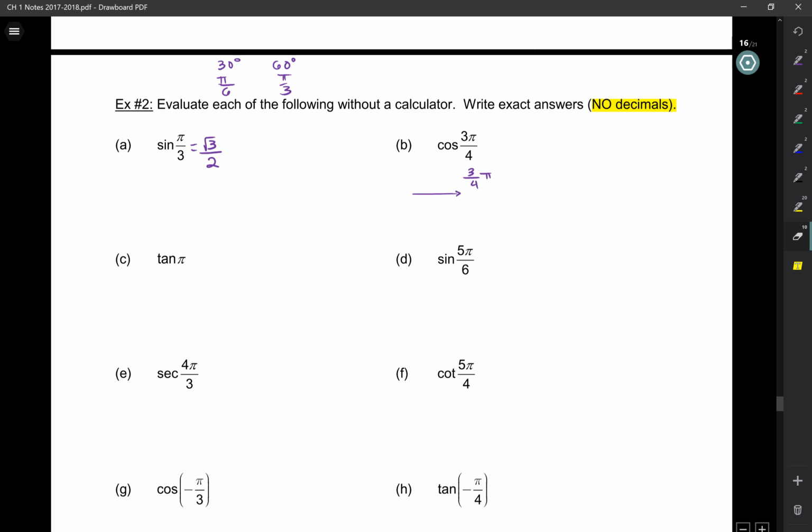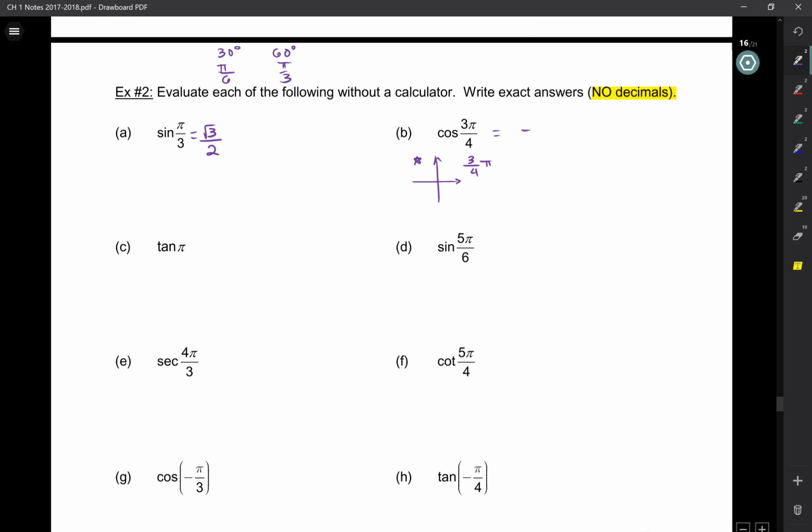The second quadrant. So cosine is negative there. Now, 3 pi over 4 is like pi over 4, which is like how many degrees? 45. And what are the two legs for 45? Root 2 over 2. So whether it's sine or cosine, root 2 over 2.